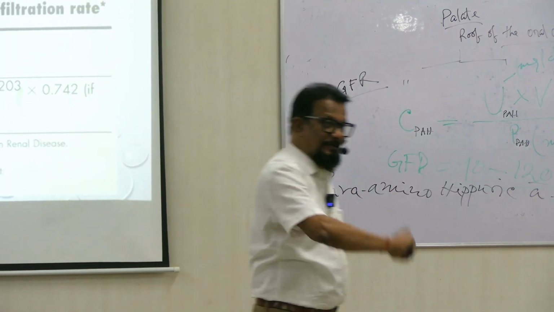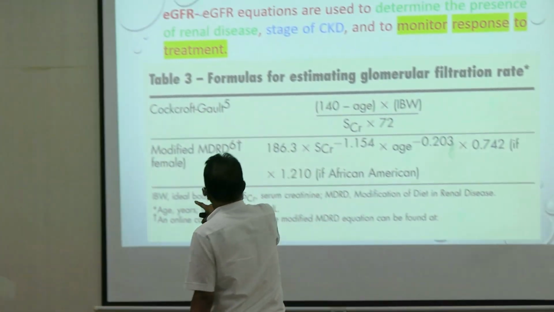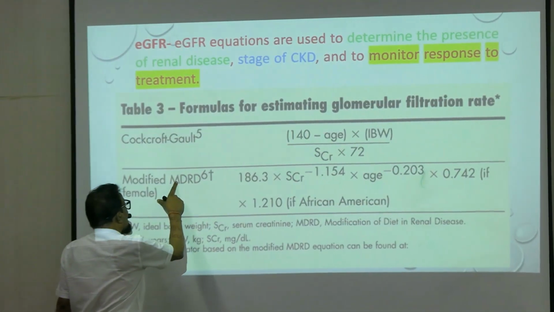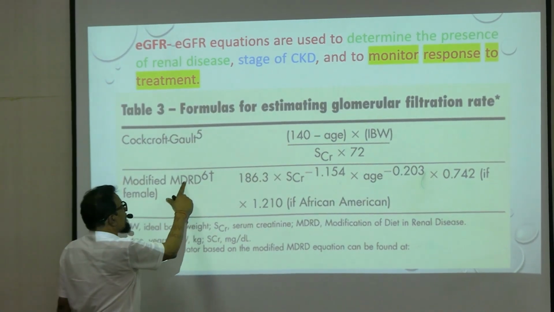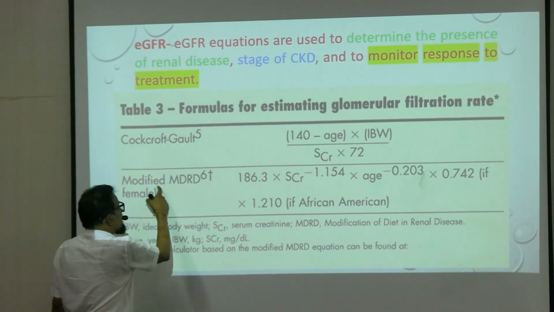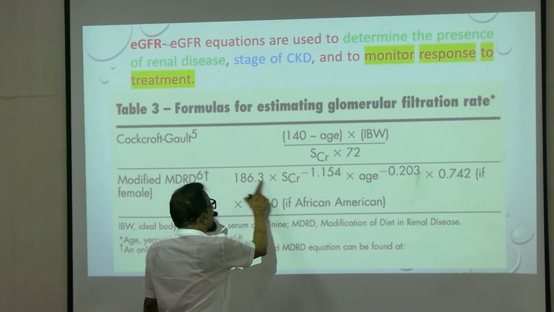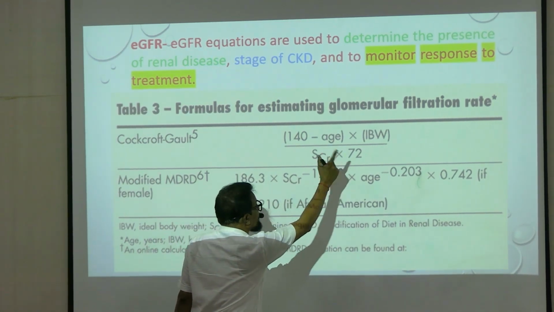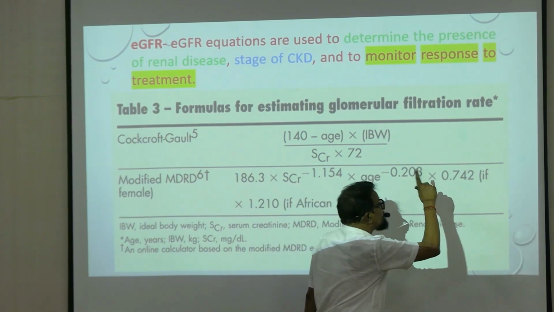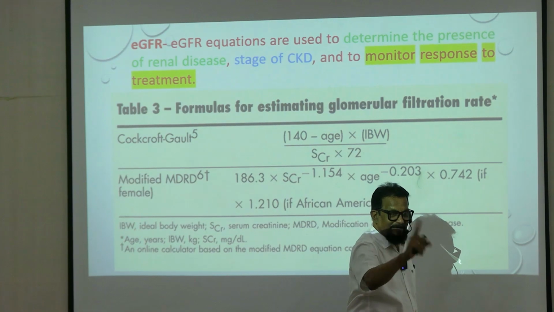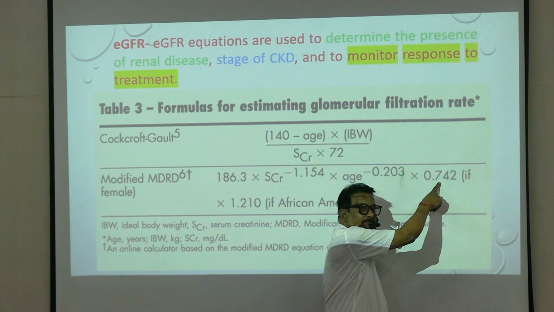This is one equation. Another equation is this, modified MDRD. What is this? Modified Diet in Renal Disease. They have suggested this formula. What is this? This into this to the power 1.54, age in years to the power, into, if the patient is female, then you have to multiply the whole thing with 0.742.